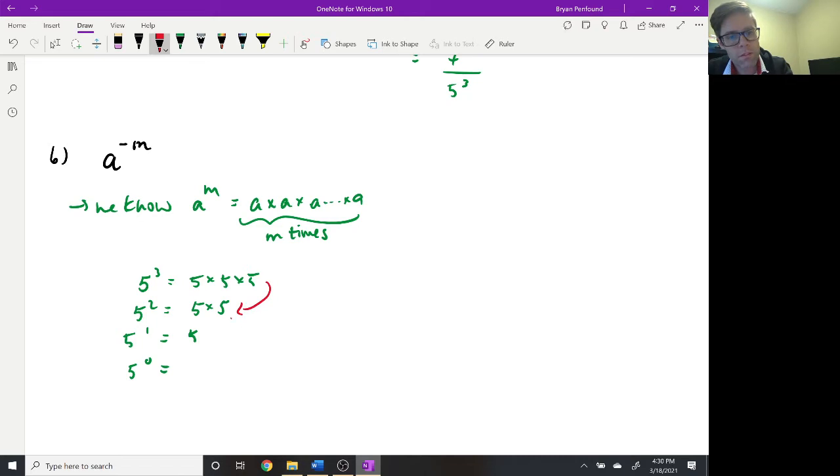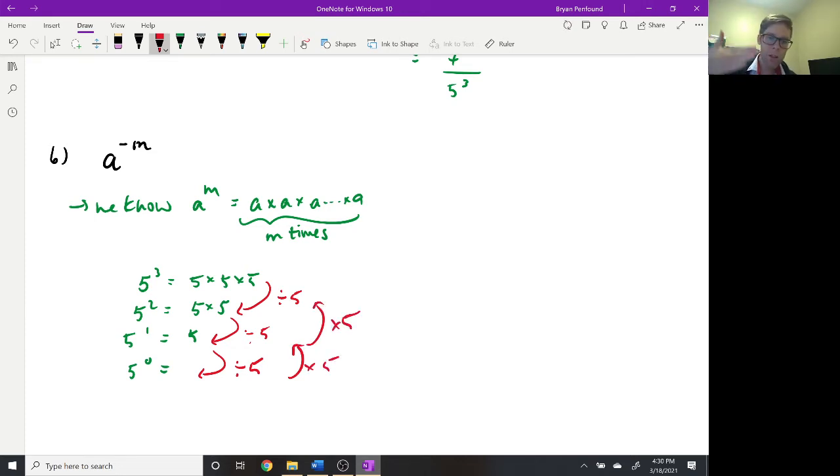So as we move from here to here to here, the pattern is that we're always dividing by 5. So in other words, 5 times 5 times 5, that's 125. 5 squared is 25, so it's 125 divided by 5. To move from 25 to 5, we also have this pattern of dividing by 5. If I go up the rung, I'm multiplying by 5.